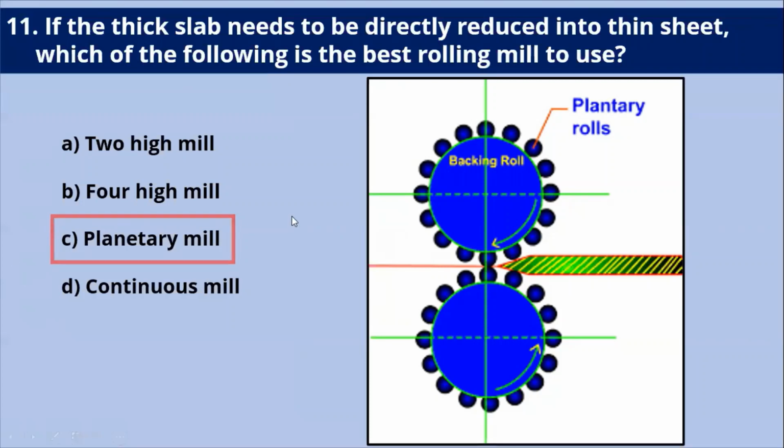That's why our answer is planetary mill. It's very simple because only the planetary mill is a rolling type where we can go in a single pass for the reduction of thin sheets.